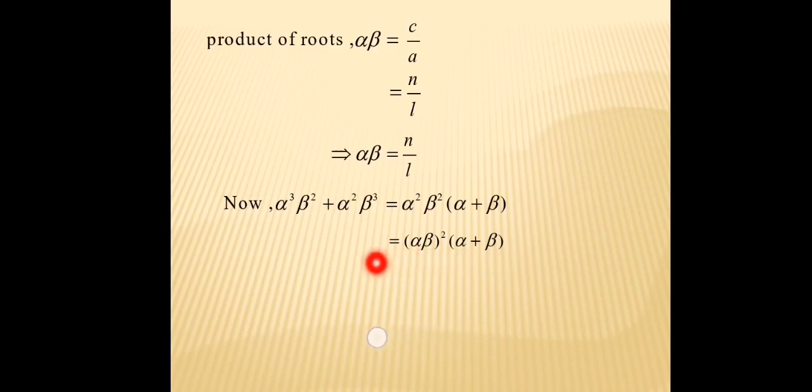Now we can easily put the values: it becomes (n by l) whole square into minus m by l. After multiplication we get minus m n square divided by l cube. So the value of the required symmetric function, alpha cube beta square plus alpha square beta cube, is equal to minus m n square divided by l cube.